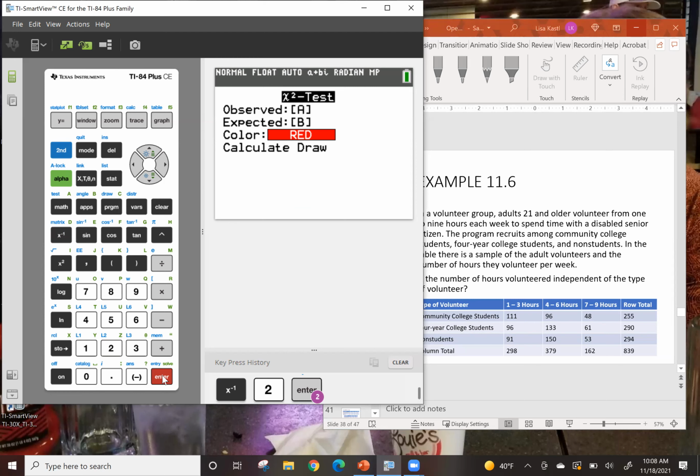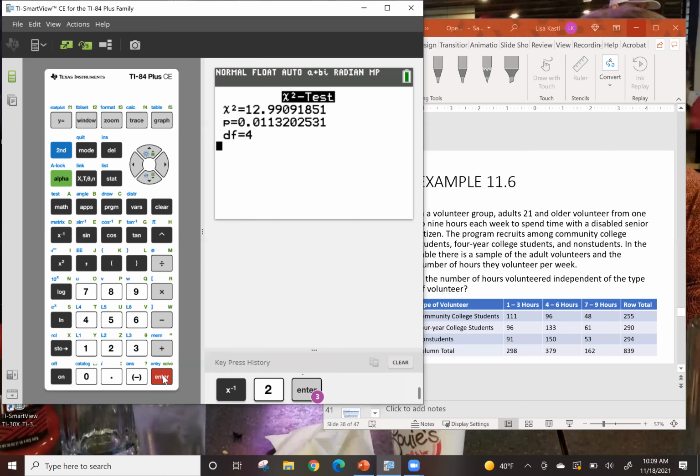The observed values I put in A, the expected values I put in B. So my chi-squared statistic is 12.99, and my p-value is 0.0113. And you can see that it calculated the degrees of freedom for me.